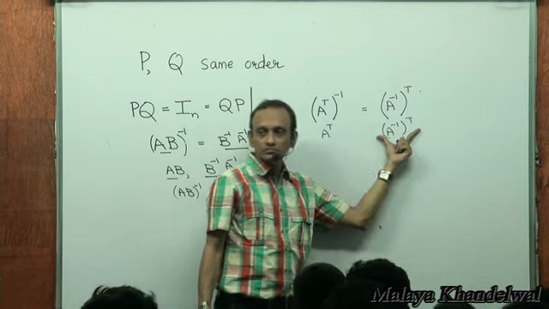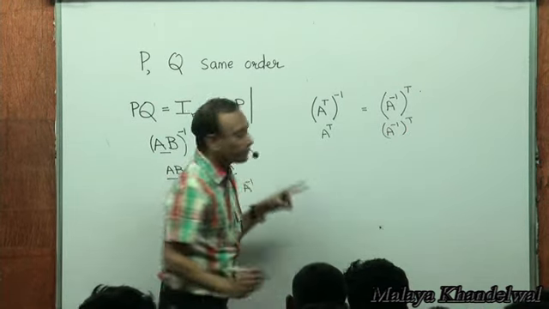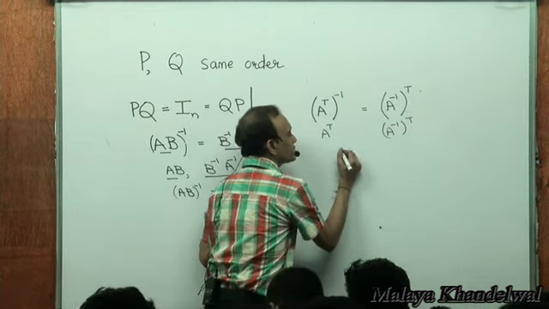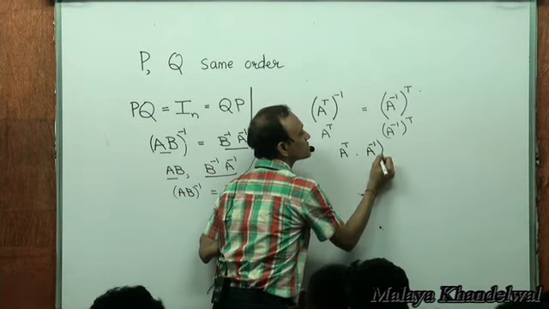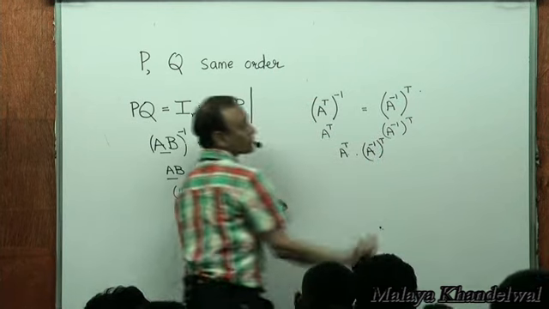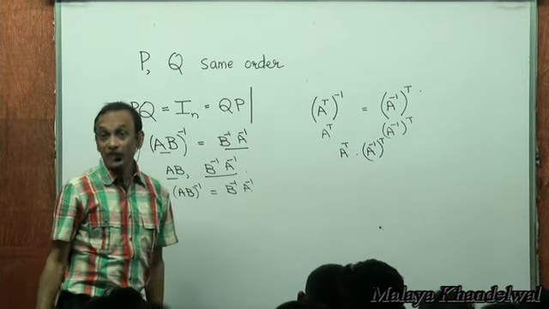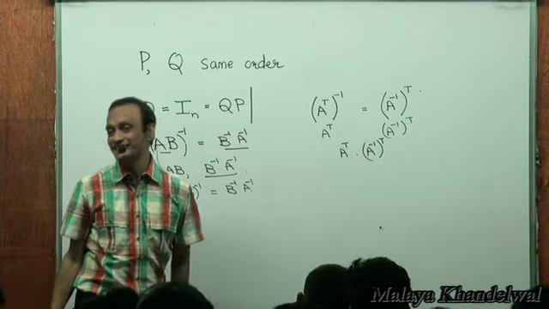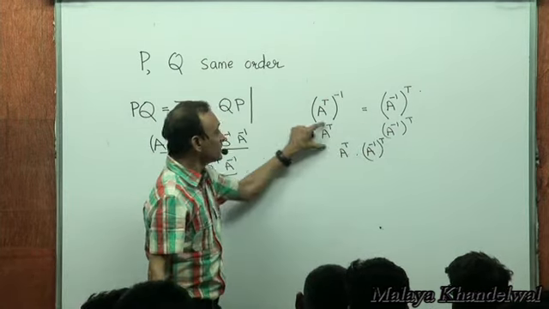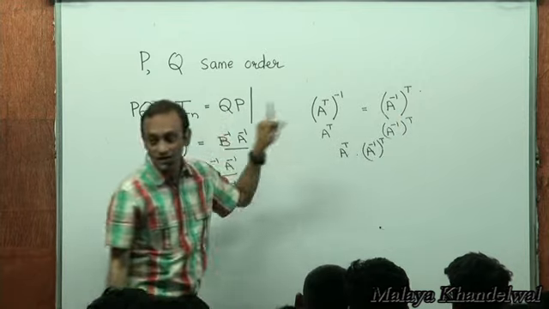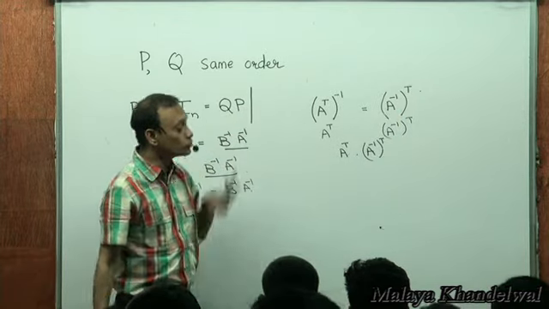Yes or no? So let me look at the product of these two matrices, A transpose and A inverse transpose. I want to establish that this is an identity matrix. Then these two matrices would be inverses of each other. The inverse of this will be this, and the inverse of this will be this. This would then hold good.